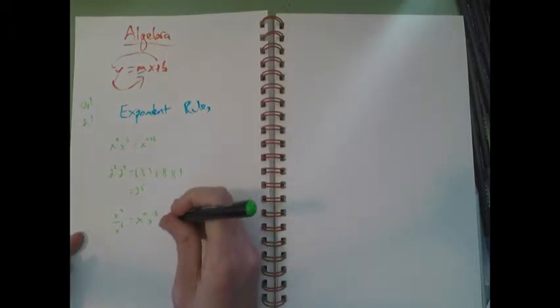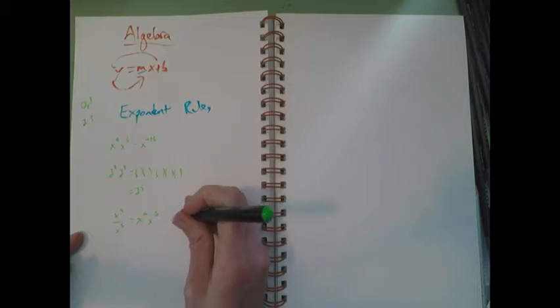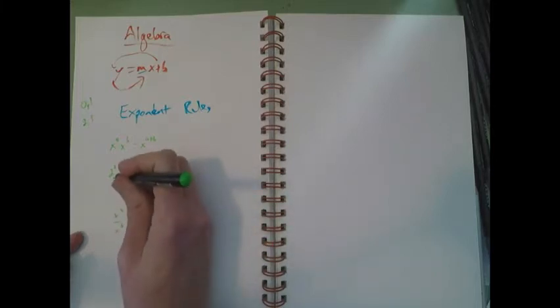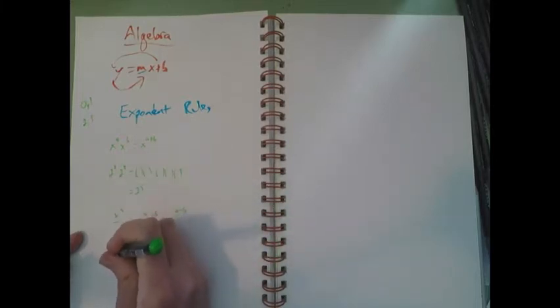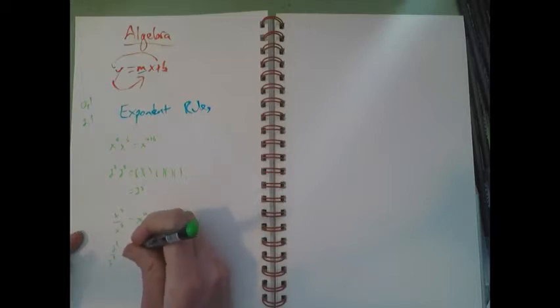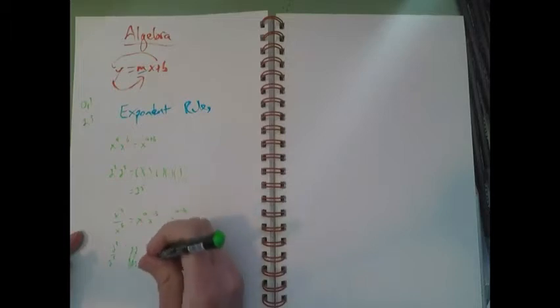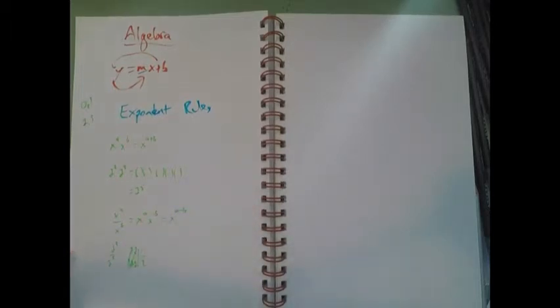So in this case, this is going to give us x to the a minus b. And just to verify there, we could again use these two. We could say 2 to the 2 over 2 to the 3. Well, we're going to end up with 2 times 2 over 2, 2, 2. Cancel, cancel, and we're left with 1 over 2. Right? Again, these little numbers I find really helpful.